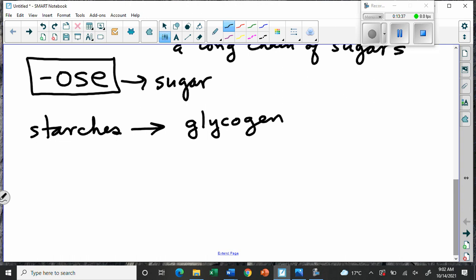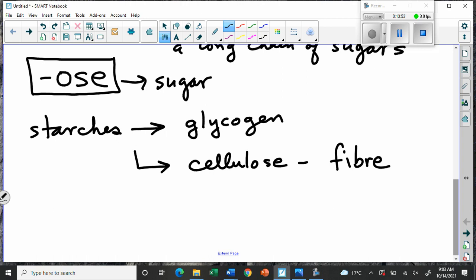Okay. Another important starch is cellulose. Cellulose is the thing that we call fiber when we eat food. And we know it has fiber, right? Bran, lettuce, and vegetables, and things like that. Cellulose, as we're going to see, is a very important component of what's called the cell wall in plants.